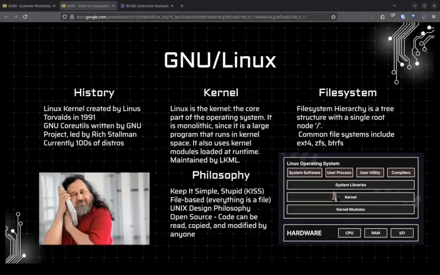GNU at the time made the coreutils, which would be like the shell programs or shell commands. They also made a C compiler, which we now know as GCC, the GNU debugger, GDB, and lots more programs. The GNU utilities are used pretty much everywhere, and not just because they're good, but because they're free.